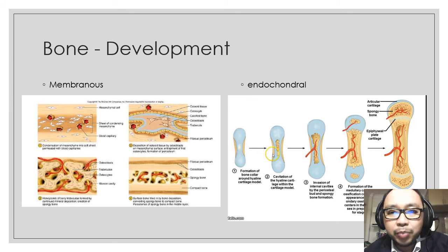Some examples of membranous bone development, or ossification, would be the flat bones of the skull, and most of the long bones in our body, particularly in our limbs, grow by endochondral ossification.